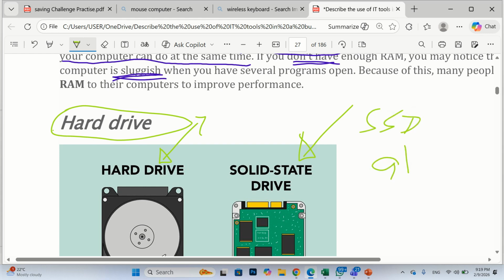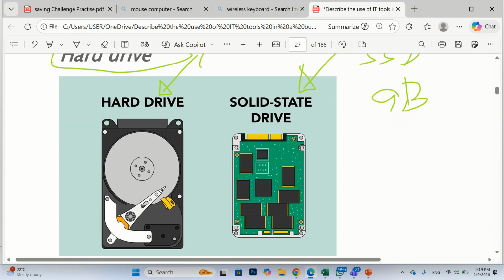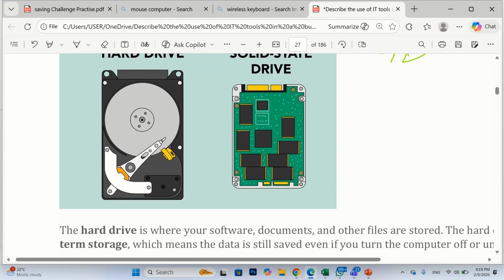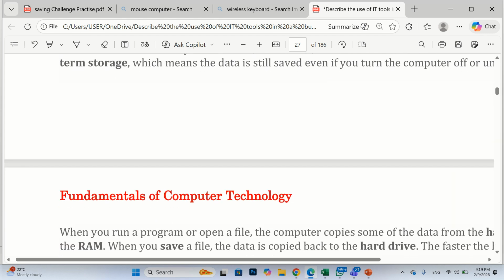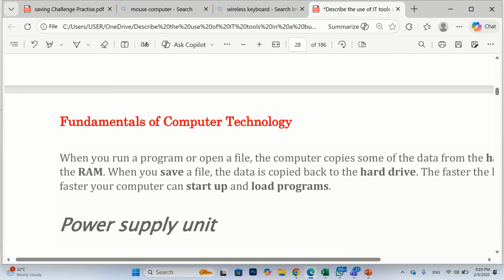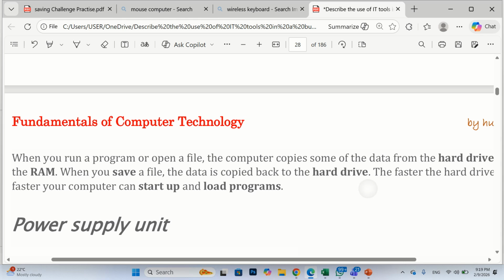Computer storage is measured in GB just like RAM. So before you buy a computer, first find out what storage the computer has and how many GB. The faster the hard drive, the faster your computer can start up and load programs.